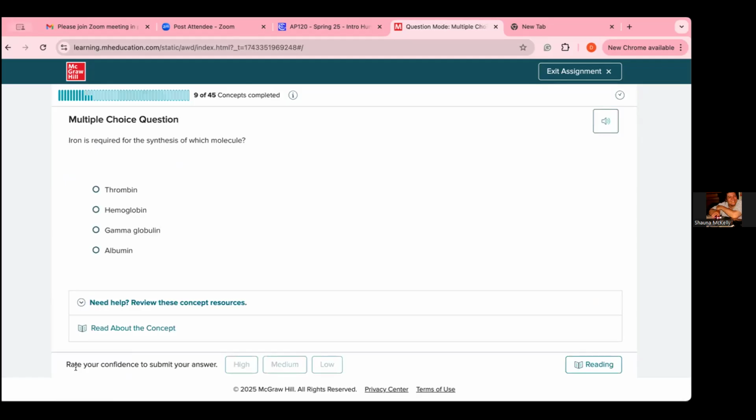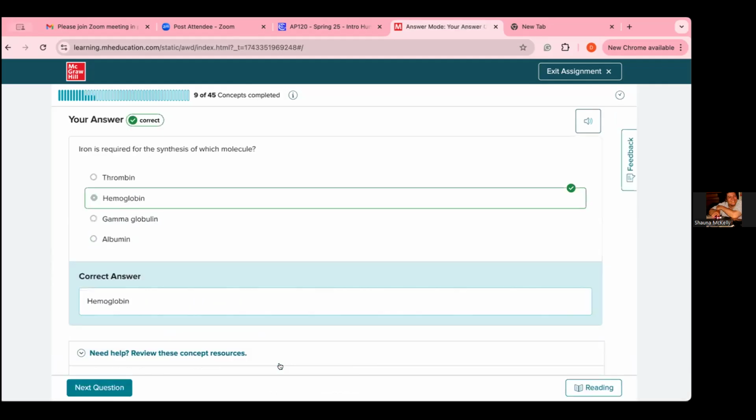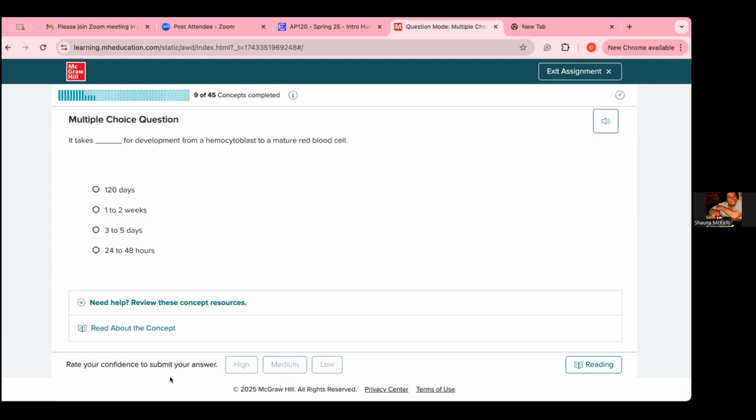And it says, so that would be hemoglobin. Iron is required for the synthesis of hemoglobin. The second one: it takes blank for development of a hematoblast to a mature red blood cell.